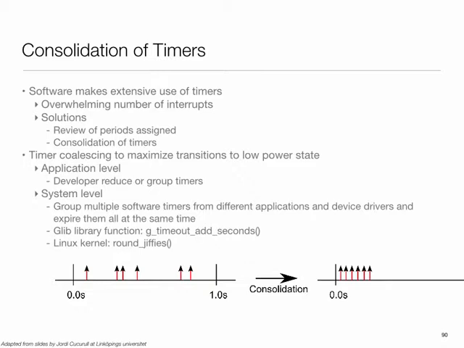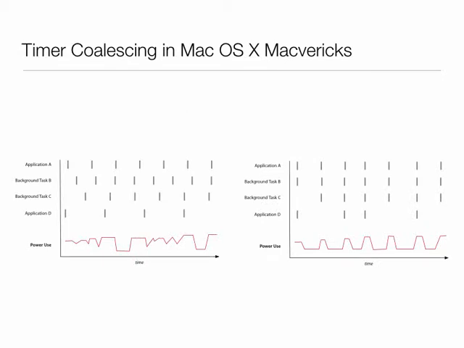You relax a little on the accuracy of the timer, which is acceptable for the vast majority of workloads that standard computers face, but it increases the opportunity for sleep. This was the example of how Mac OS X ends up with more opportunities for sleep.